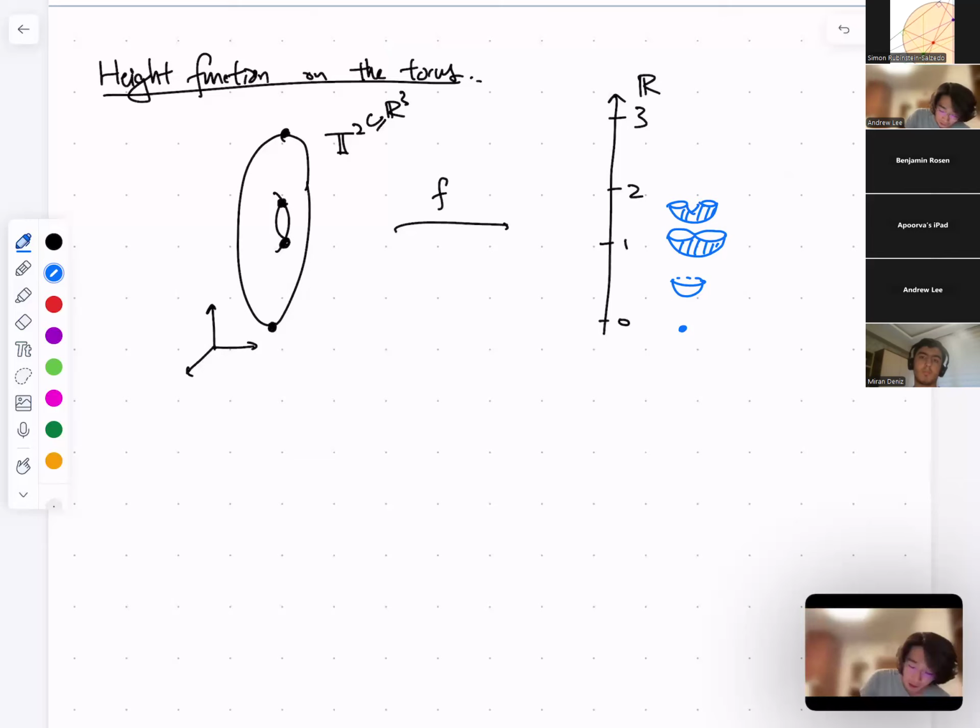And then when I go above 2, I'll end up pushing these two open ends together. And so I end up with something that looks like this, perhaps. And then this is at 2. This is between 2 and 1, 1 and 0.